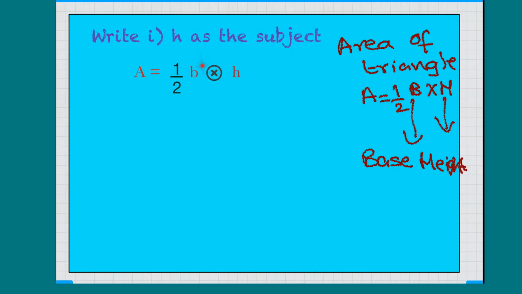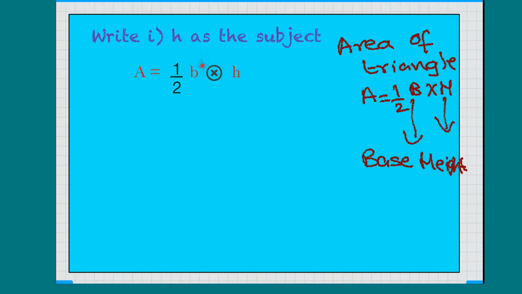What I would try to do is take all the other things which are next to the H to the other side. In this first case, the 2 is in the denominator, so we can times 2 with A. 2A equals B times H, and then we need to find H. Whatever is next to H, we will try to get rid of it.